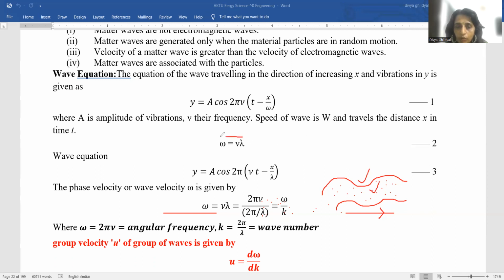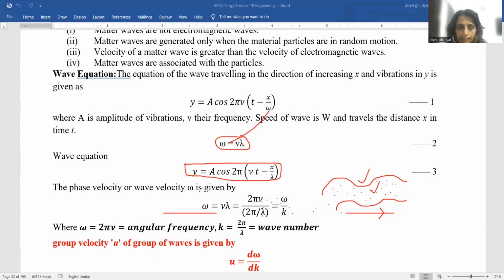I know that omega will be equal to mu into lambda. So I put this omega value in this expression, and I get the wave equation in this form. I can write this form directly also, both are correct.